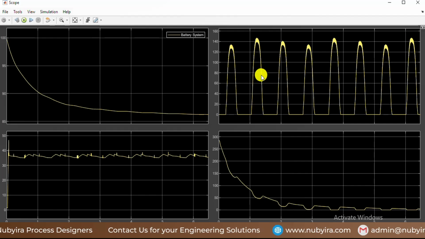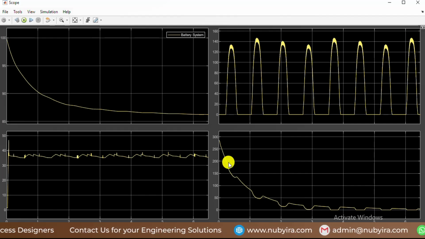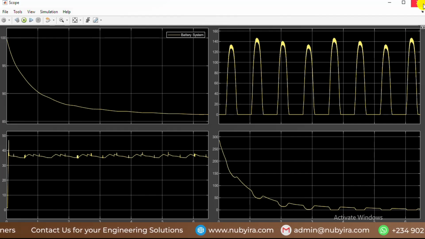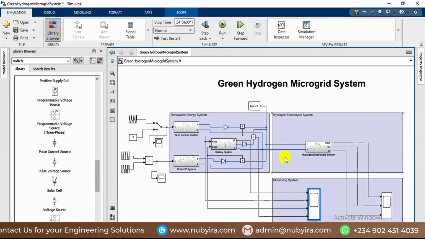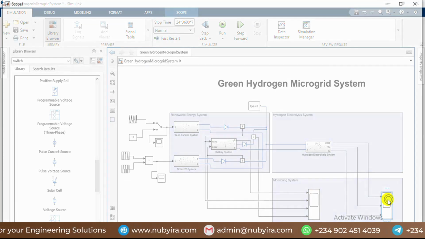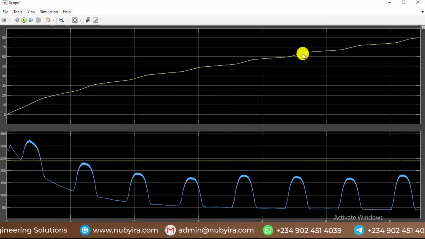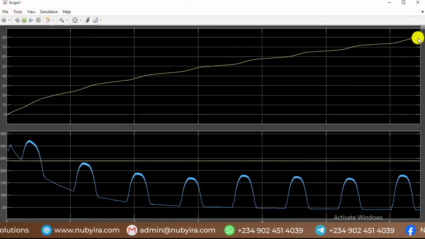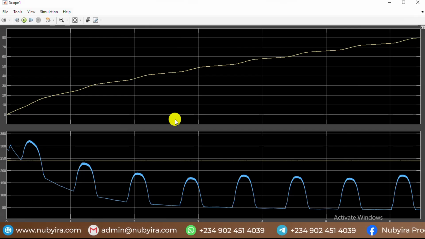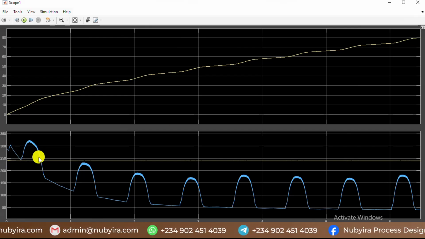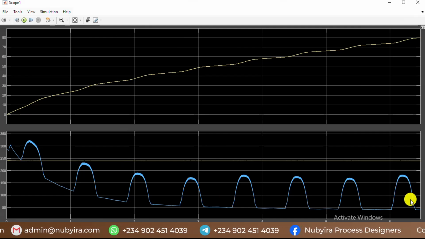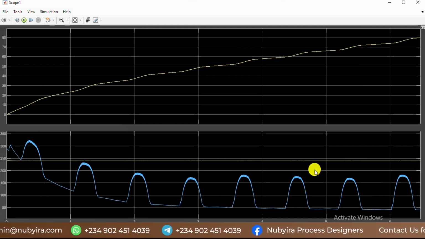Then the current from the solar, the wind, and the overall current is given over here. Then if you go to this place, you see the flow. You can see this is 70, and this is the current that is flowing through the line, and this is the voltage.